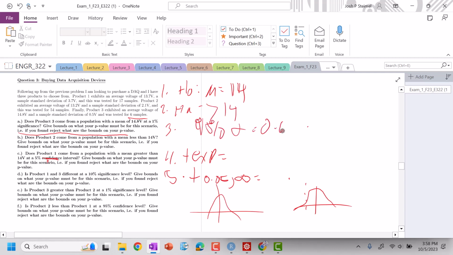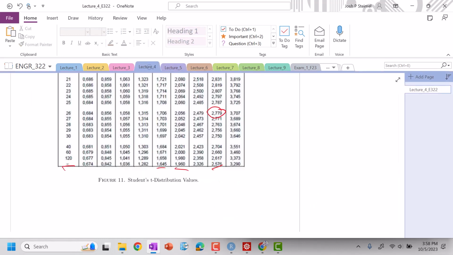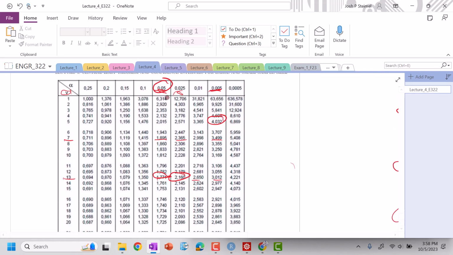So our alpha is equal to 0.05 again, except this time our nu is going to be, because this is product 1, 13.7, 16. So if it's greater, we know it's going to be positive. 0.05, 16, 1.746.